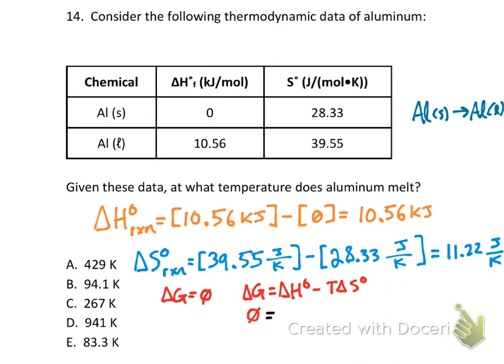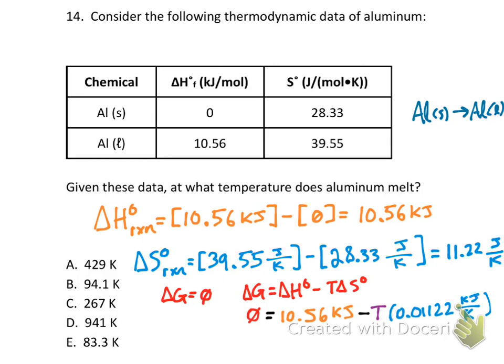So we have 0 is equal to our enthalpy, which is 10.56 kilojoules, minus T, that's what we're solving for, the temperature, times delta S. And notice delta S is in joules per Kelvin. This is usually how entropy is reported. So we're going to need to convert this into kilojoules so that our units are talking nicely to each other.